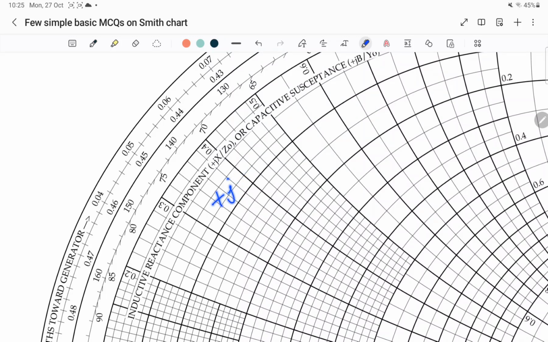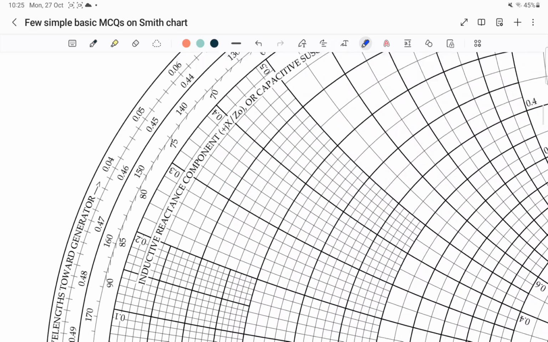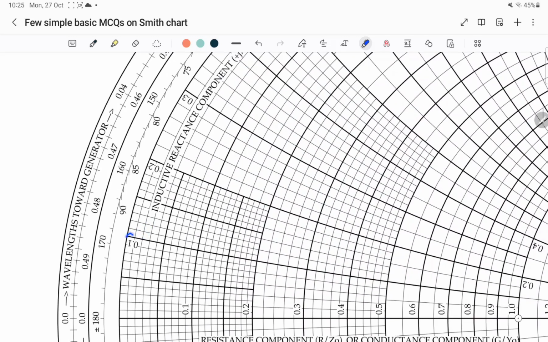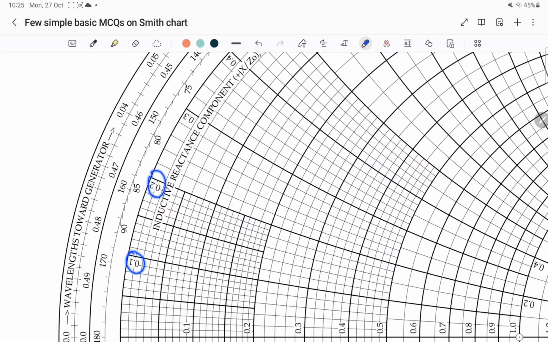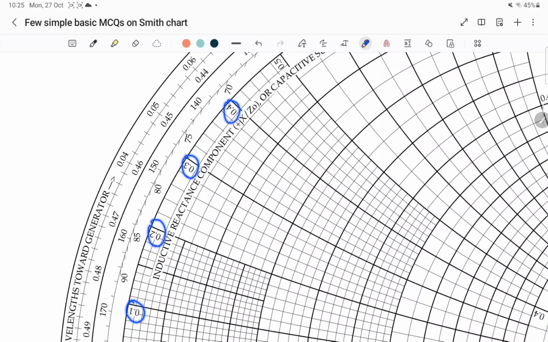Plus jX over Z0 is nothing but plus j small x, that is the normalized inductive reactance. Here there are values such as 0.1, 0.2, 0.3, 0.4, etc. All these values represent the normalized inductive reactance of a load. Actually, it's a property of an inductive load.